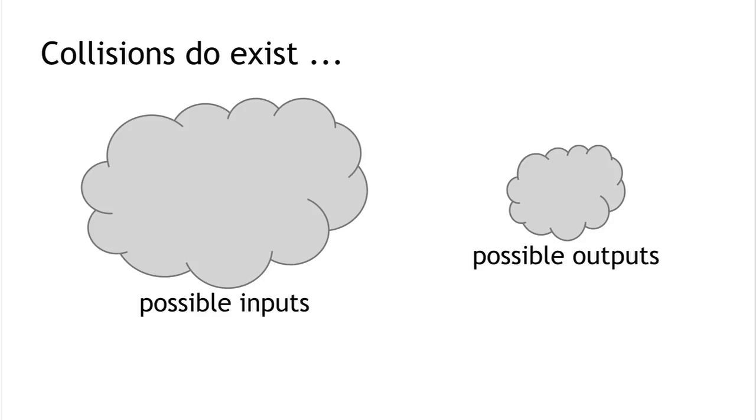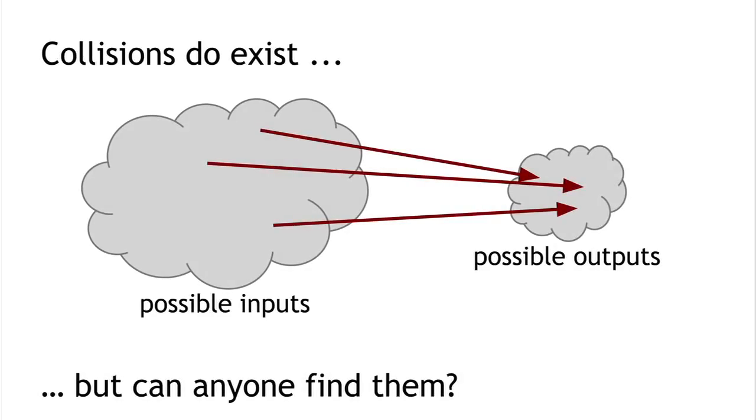So on the right-hand side, the outputs, there are only 2 to the 256 possibilities. Over here, there are more possibilities. And so if you think that every point on the left is going to be mapped by an arrow to some point on the right, you can see that as you go from all the points on the left into the right, it has to get crowded. And in fact, there have to be multiple values on the left that map to the same output over here.